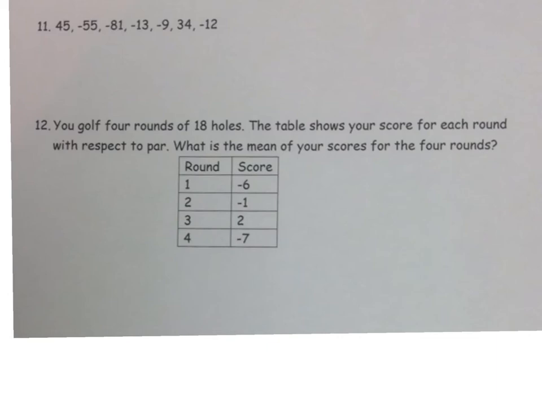So we're going to get our average, or our mean, excuse me. We're going to add these all up. Negative 6 plus negative 1 plus negative 7 is negative 14. And negative 14 plus 2 is negative 12. And negative 12 divided by 4 is negative 3. That's my average. So I'm a pretty good golfer. Does that answer make sense?